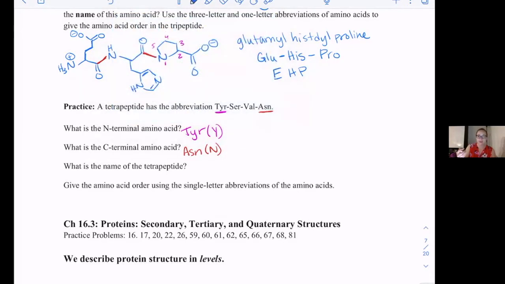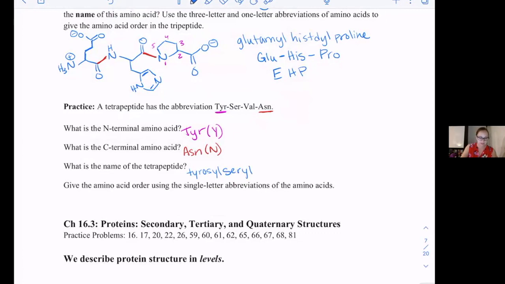So we're going to look at our chart at what the 3-letter abbreviations are for each of these amino acids. So the first one is tyrosine. So INE was replaced with YL. So tyrosyl. Next one is serine. So it's seryl, replace INE with YL.